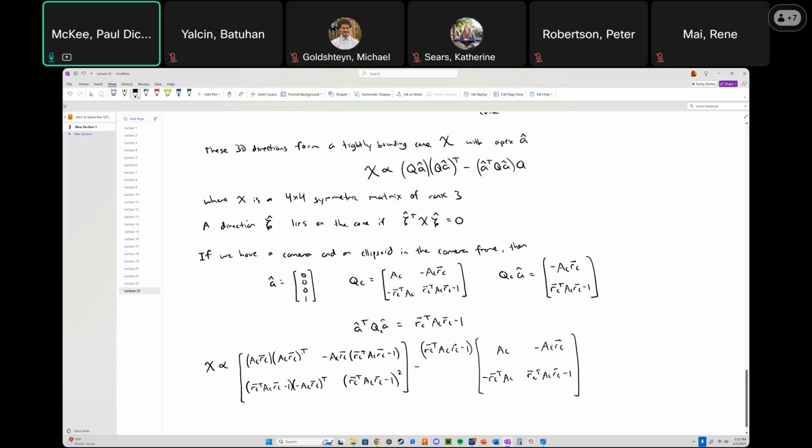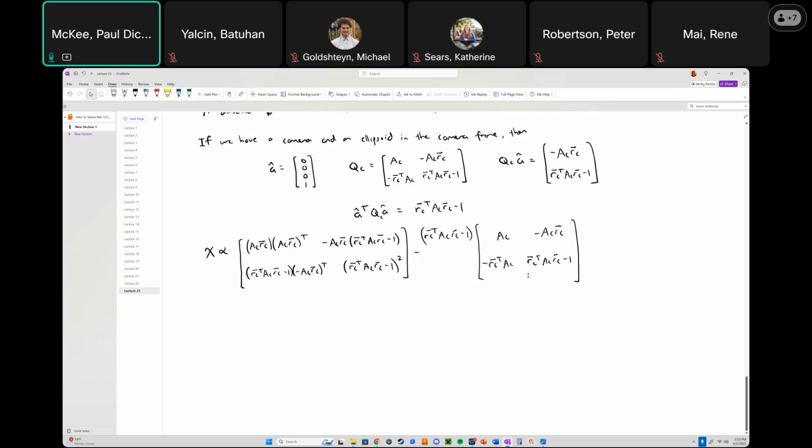Okay. So hopefully we see all we did was we just plugged in A and Q into this equation above, and that gives us this tightly bounding cone, okay, where we have direction transpose chi direction equals 0.